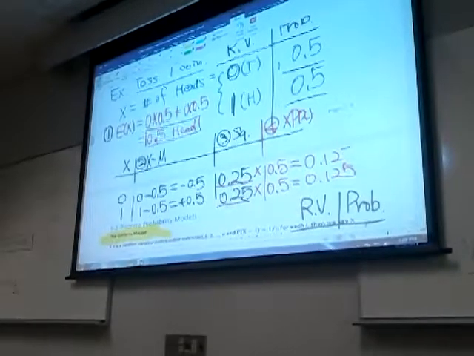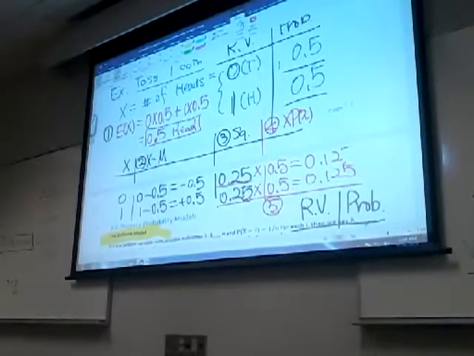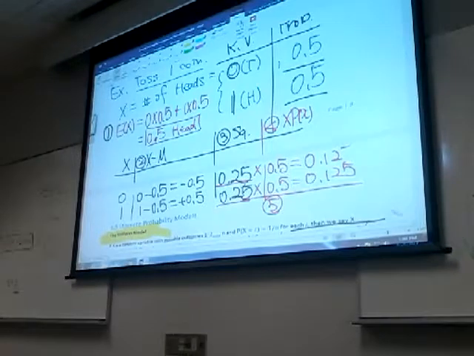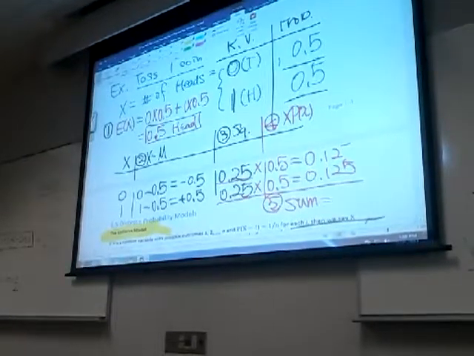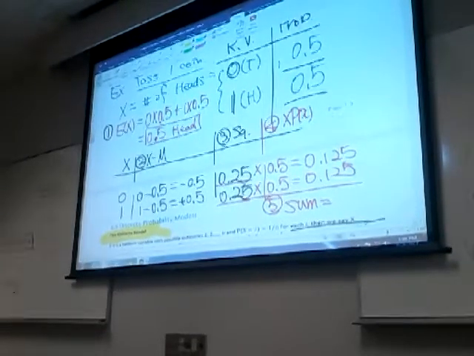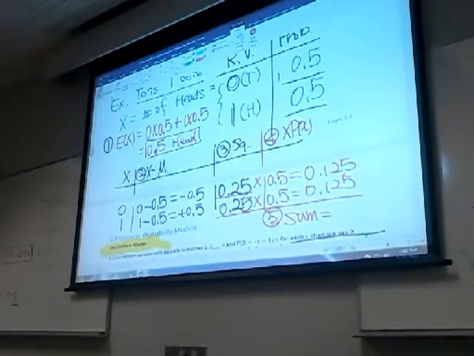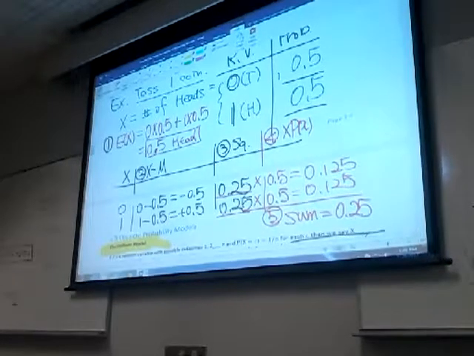Step 5, we have to take the sum. It will be 0.25. Now it is the variance.